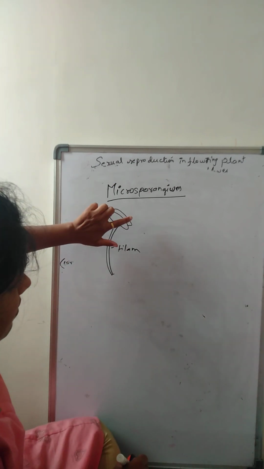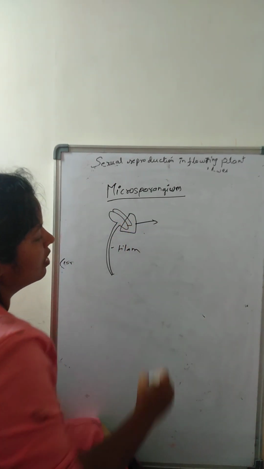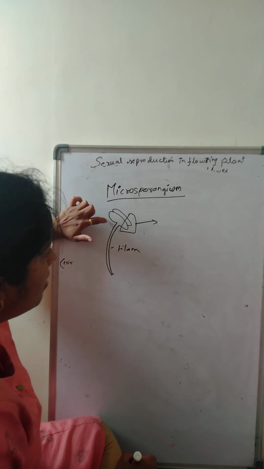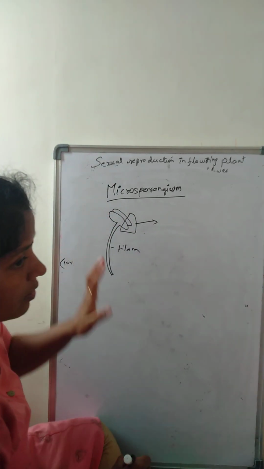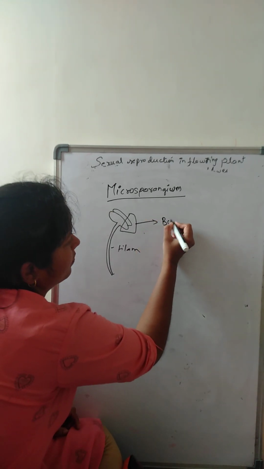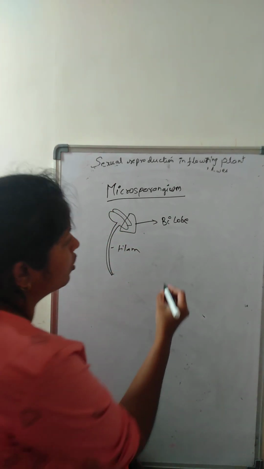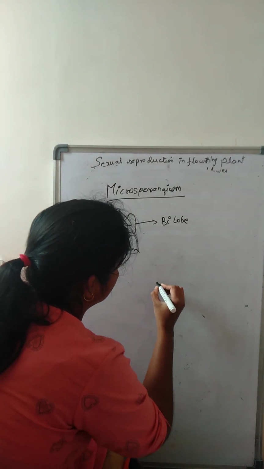Now we are going to cut this and see it. This is one lobe and this is another lobe. That means it is bilobed, right? So when you cut this, the cross section will look like this.